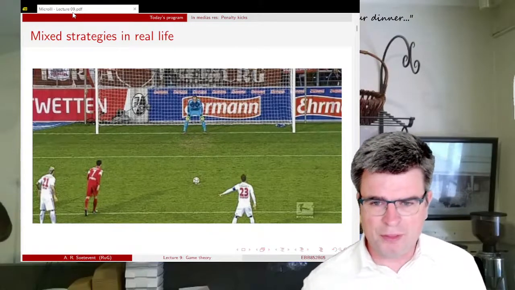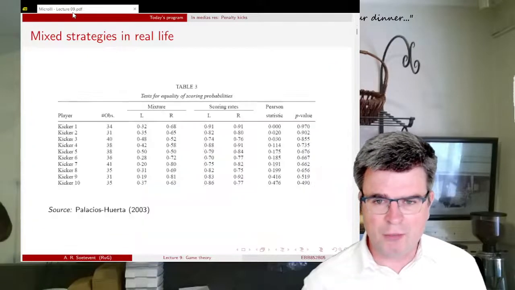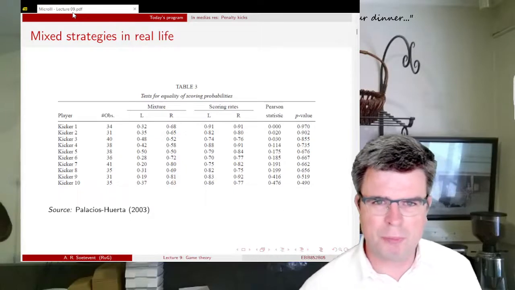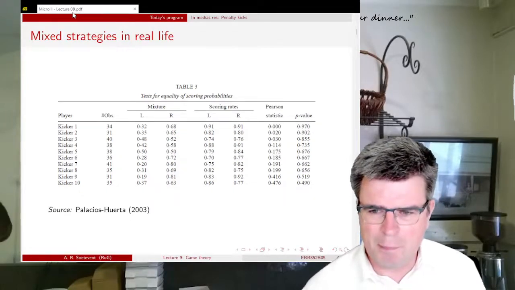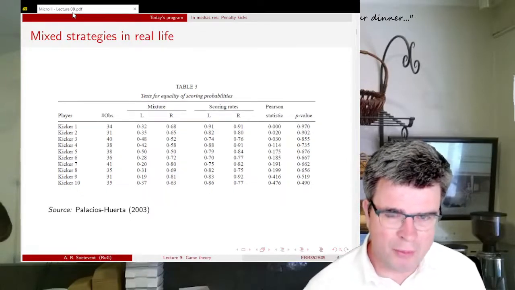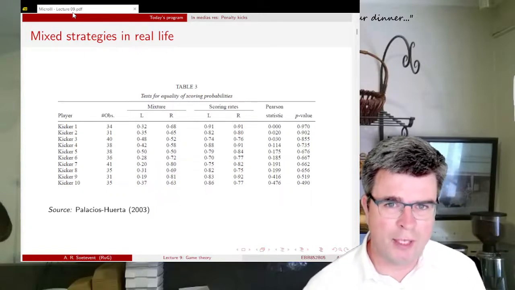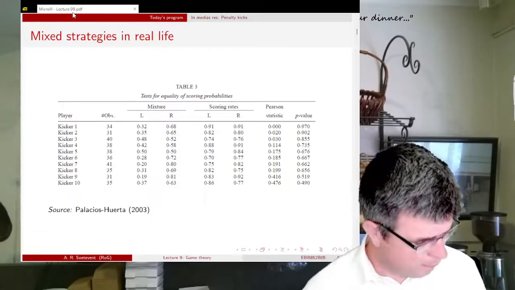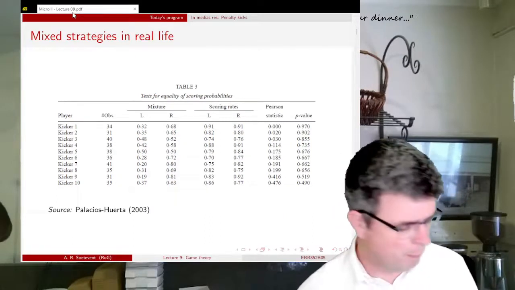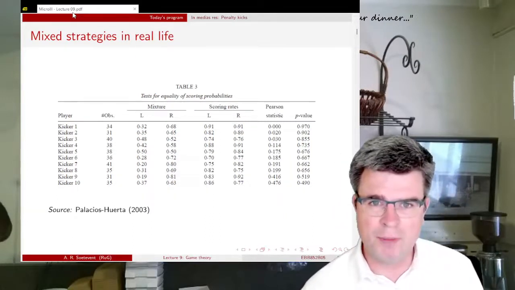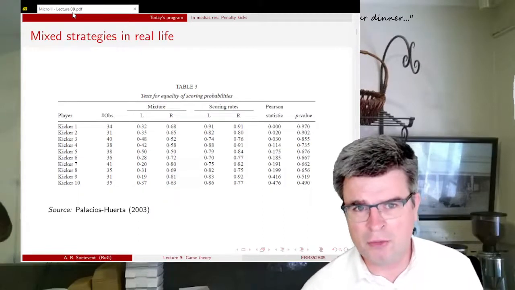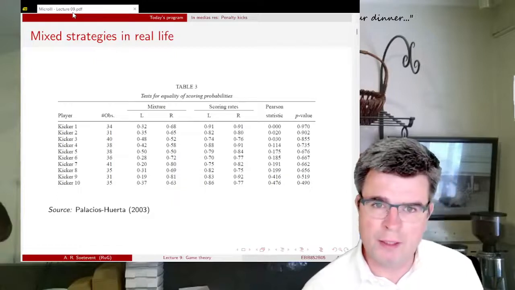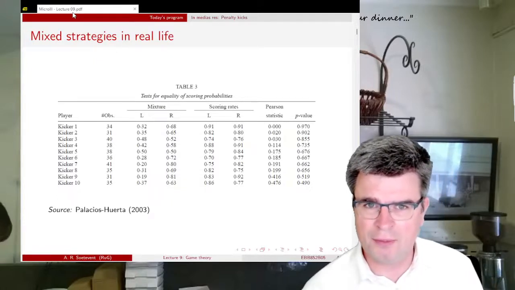So this is from a real-life game, and economists also study penalty kicks professionally. Palacios Huerta wrote a study on the strategy of kicking penalties, and for that study he analyzed 1,417 penalty kicks that were kicked in the major European leagues, such as the Spanish league, the league in Italy and in England.